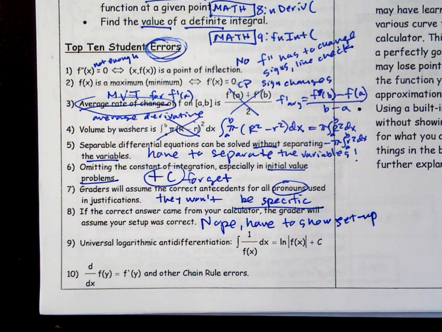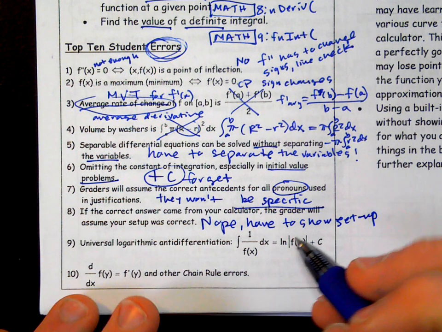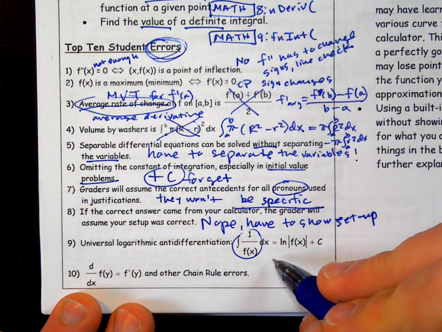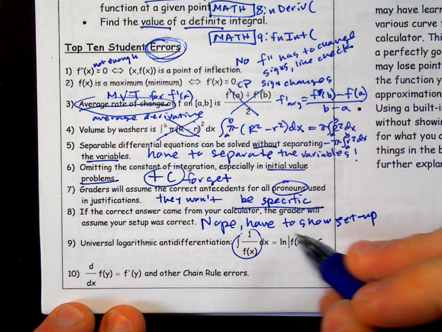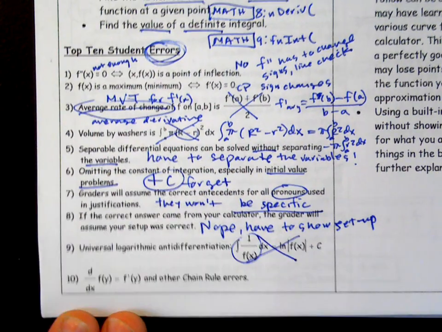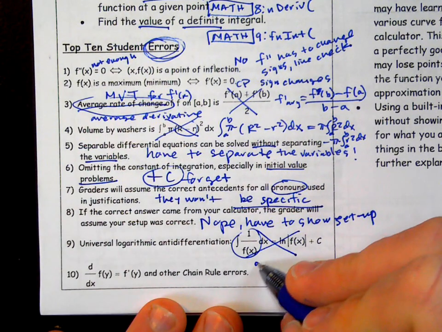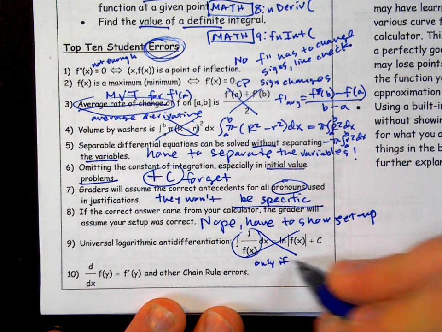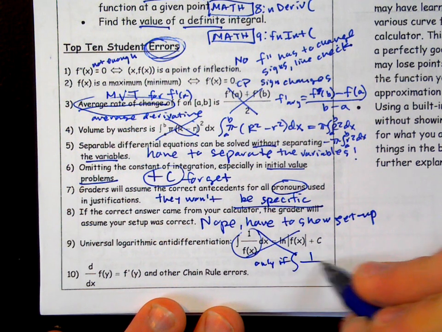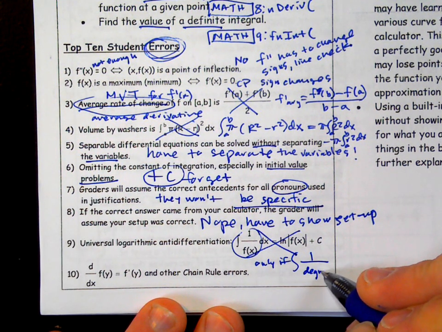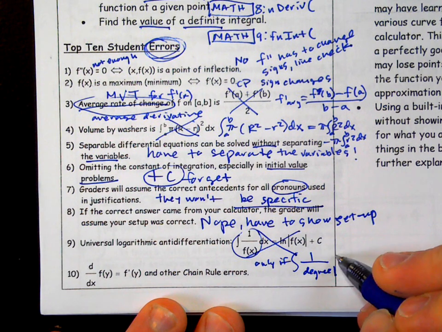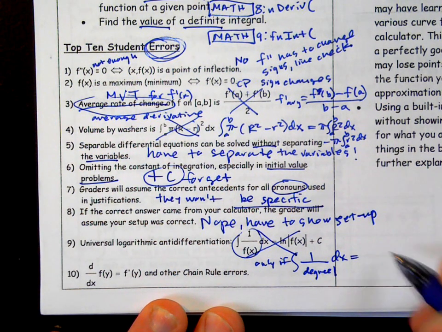Number 9, universal logarithmic anti-differentiation, meaning the idea that anytime you have something in the denominator you're going to do natural log. That is not generally true, right? It's only if you have the integral of 1 over something that is degree 1, dx, then you get the natural log.